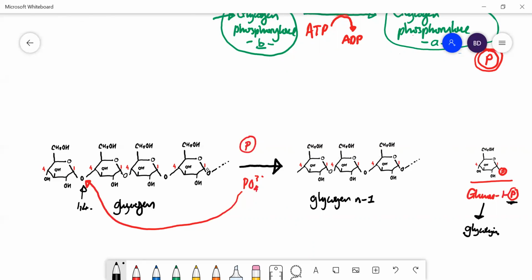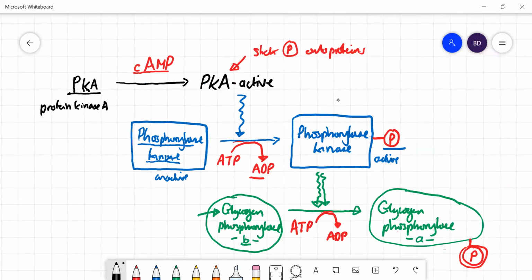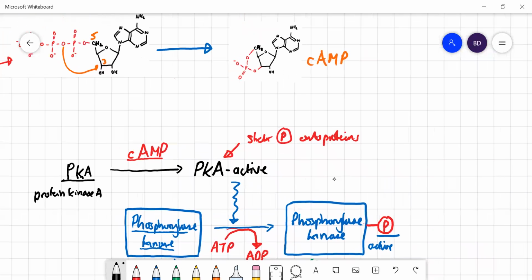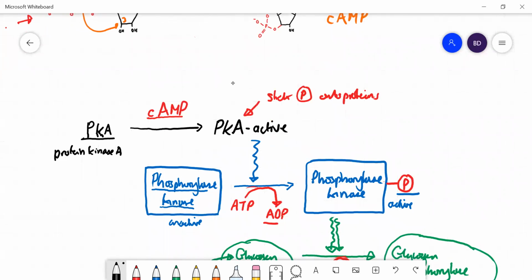So it's called a signal transduction pathway, the signal being the binding of glucagon onto the receptor, and then the final thing is for the glycogen phosphorylase enzyme to be active. But of course there are lots of other intermediates in the way, the cyclic AMP, which then activates protein kinase A, and so on.